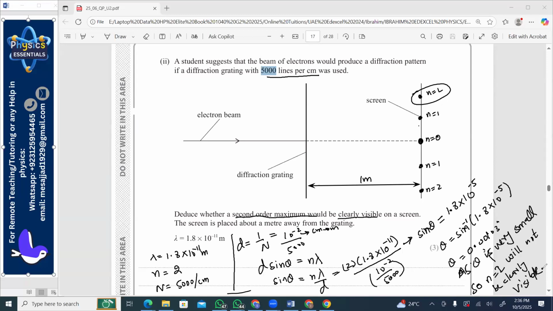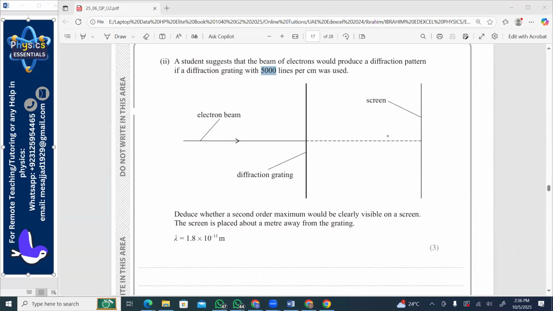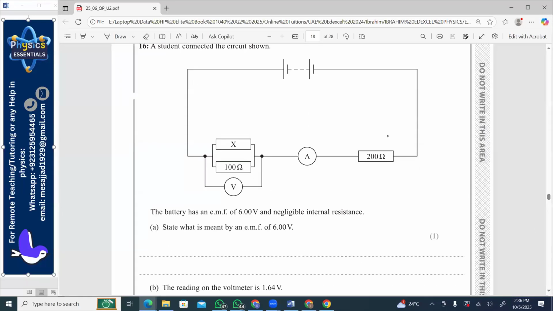It's very easy. This is the angle you're getting, 0.0001 degrees. It's a very, very small angle. So you're unable to detect the second order maximum, right?